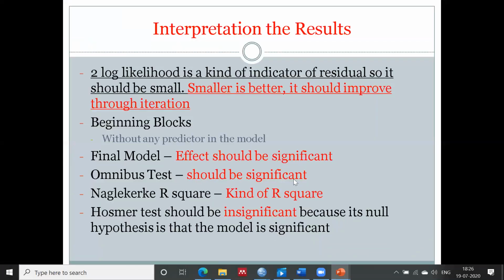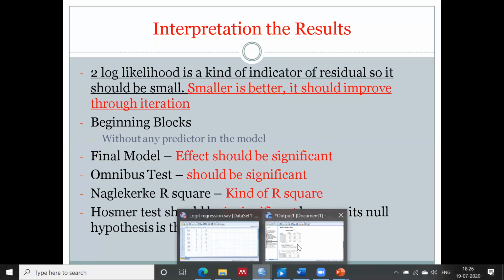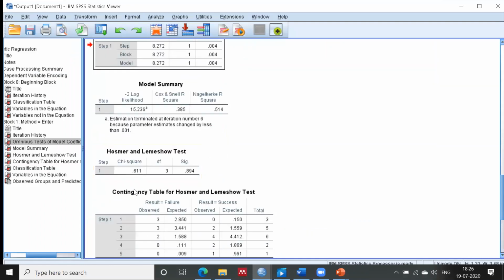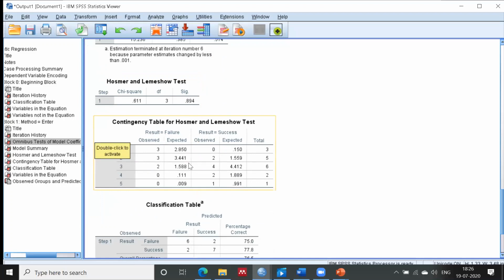Omnibus test should be significant, Nagelkerke R square as well, and the Hosmer test should be insignificant because its null hypothesis is that the model fits. So I have written all the parameters, you can just read it for your reference. Omnibus should always be significant and Hosmer always insignificant. That's it. In my analysis, Hosmer is 0.89, so of course it is insignificant.